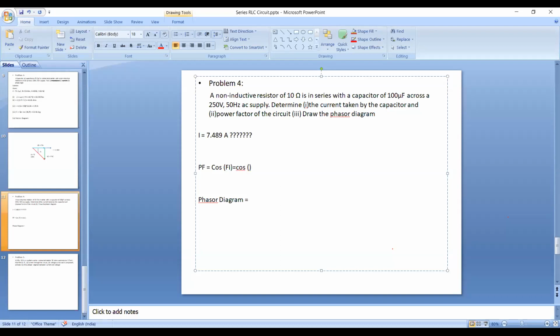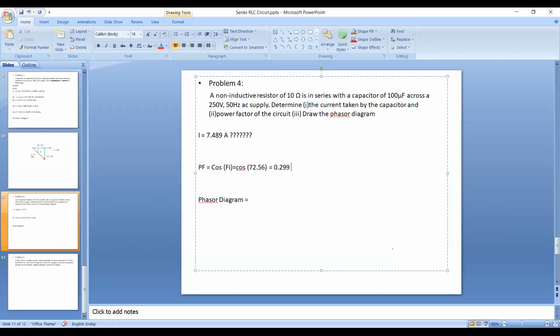Power factor is 0.299. The power factor angle is 72.57, right? And then the cosine value of the angle is 0.299. Okay.